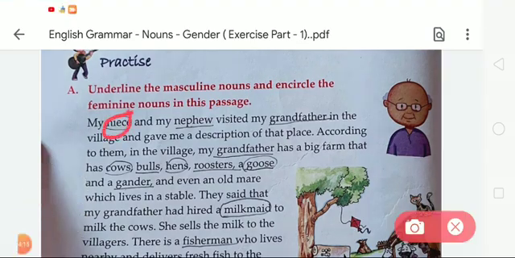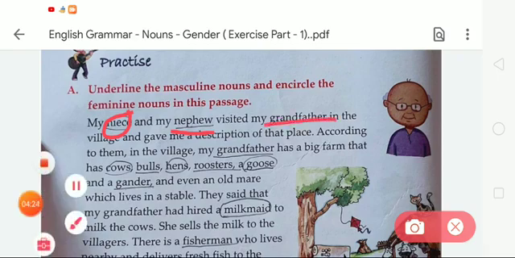Nephew is an example of masculine, so we have to underline it, and grandfather is also an example of masculine, so we have to underline it. Now the next sentence. According to them, in the village my grandfather has a big farm that has cows, bulls, hens, rooster, a goose and a gander, and even an old mare which lives in a stable.